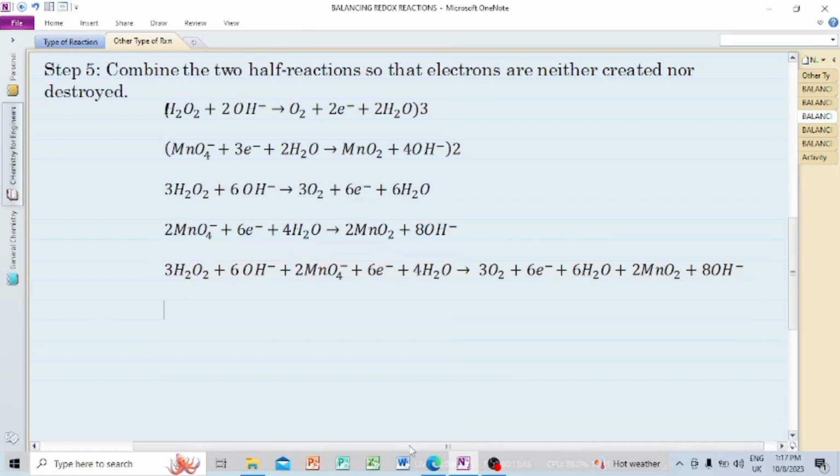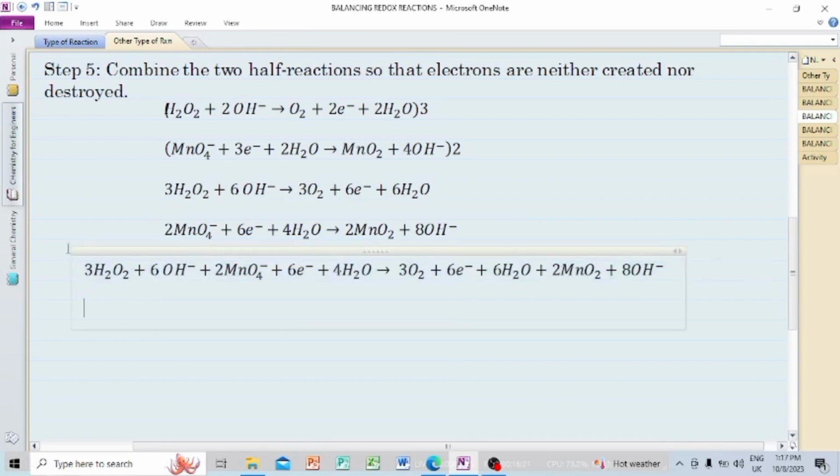Okay, let's simplify. So, dito sa reactant side natin, 3H2O2 plus 2MnO4 negative. I-simplify na lang muna natin para hindi kayo malito.